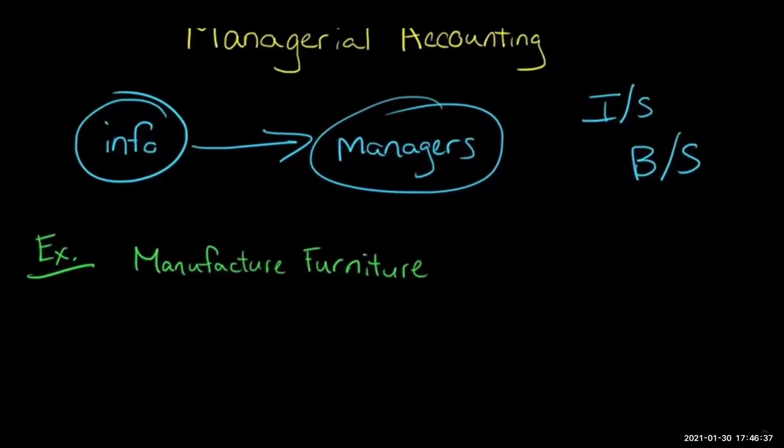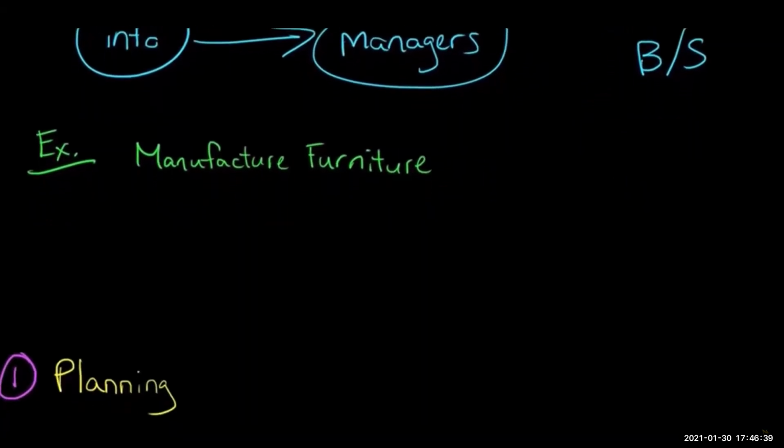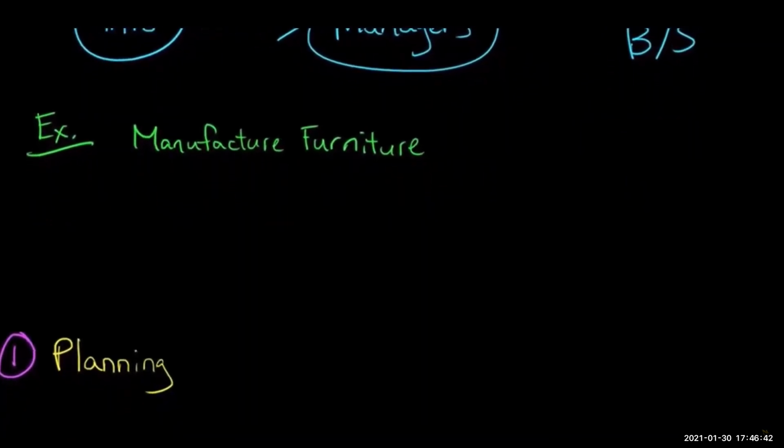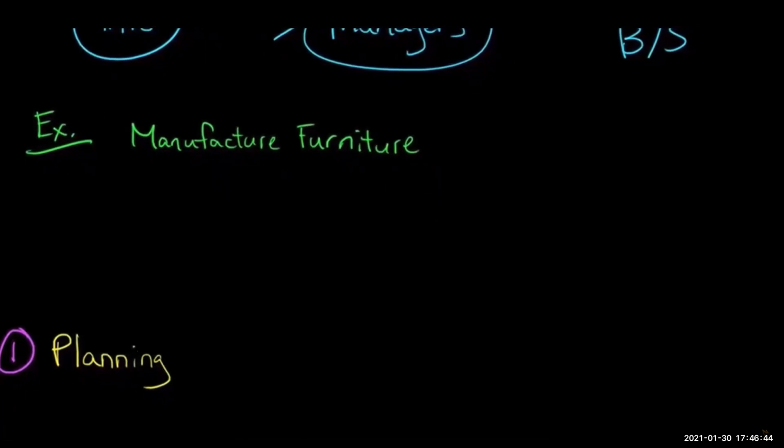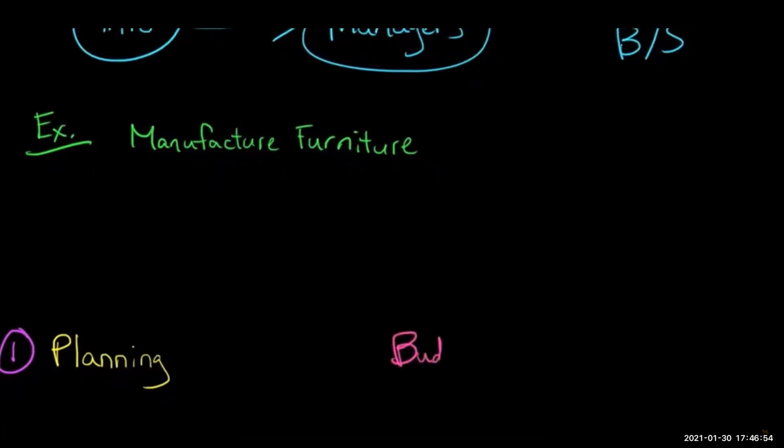The first way managerial accounting is useful is in helping with planning. You might think you can plan for your organization without managerial accounting, but a big part of managerial accounting is coming up with budgets.